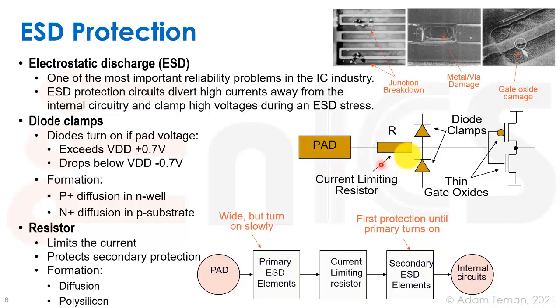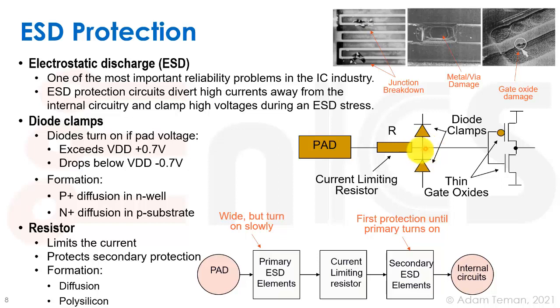It's done with these diode clamps. We have a couple of diodes, and you see they're connected in the same direction. We have the pad over here, which, say, is going to get hit with a big spike of voltage. The top diode is connected to VDD, and the bottom one is connected to ground.